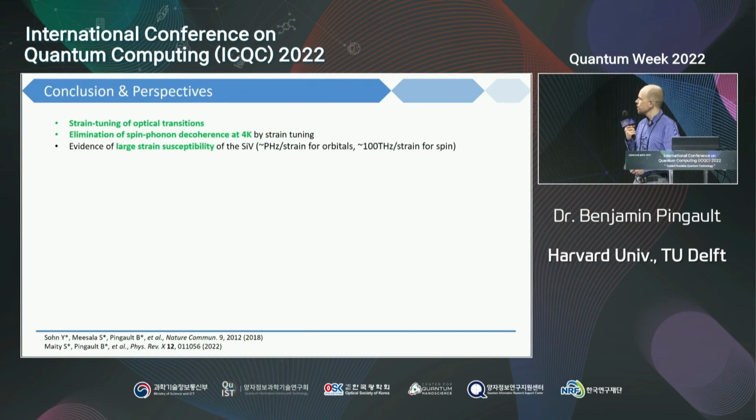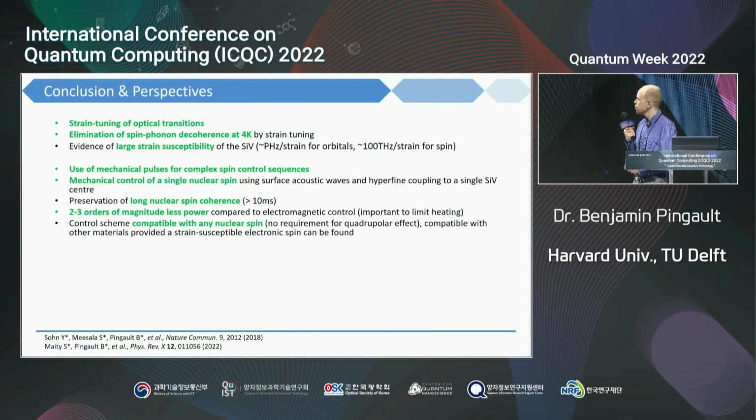And we showed on the way that the SiV has an impressive strain susceptibility that we took advantage of to perform mechanical control of the SiV spin, did mechanical control of the nuclear spin, showed that the nuclear spin keeps its long coherence times.